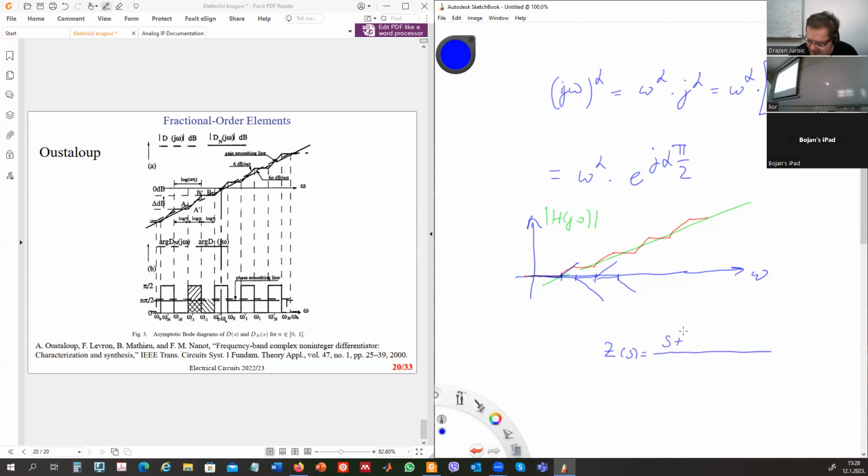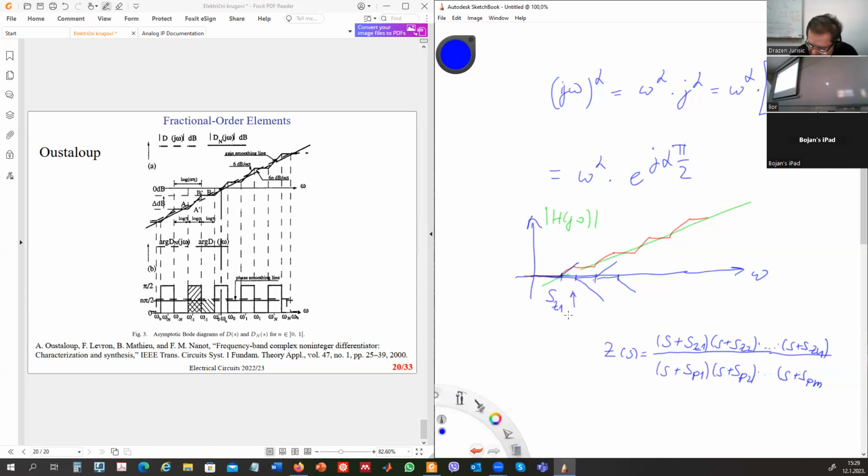S plus S01, S plus S02, and so on, over S plus S pole 1, S plus S pole 2, and so on, S plus S0n, S plus S pole m, it doesn't matter. So here, if you go up, this is a zero.